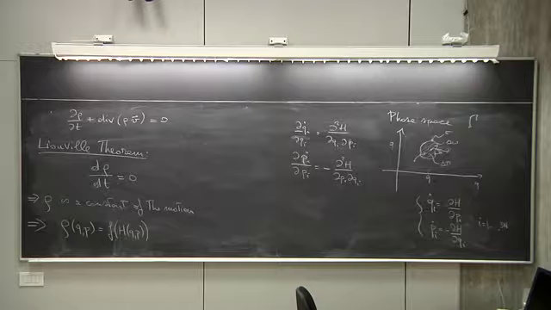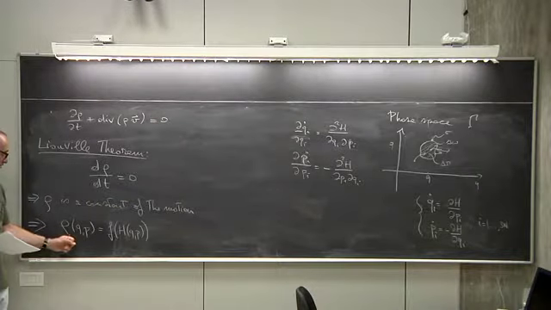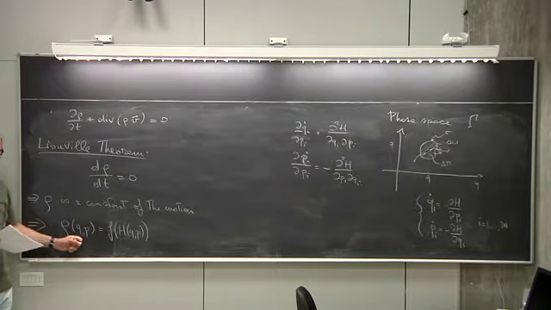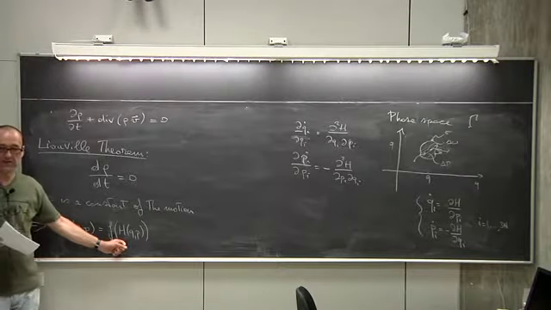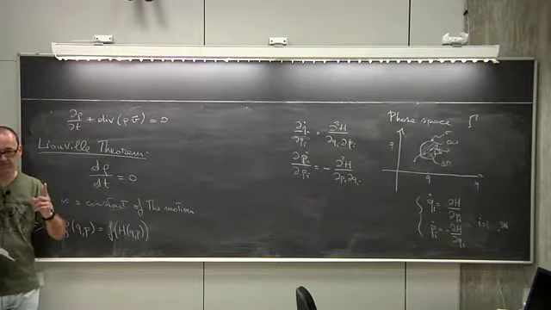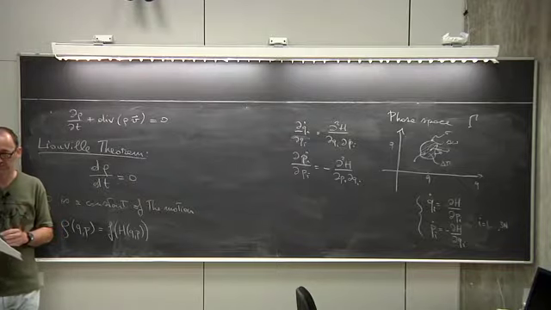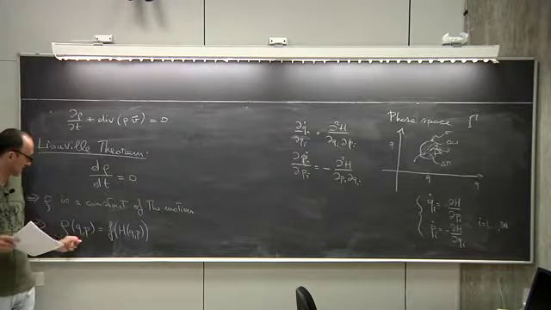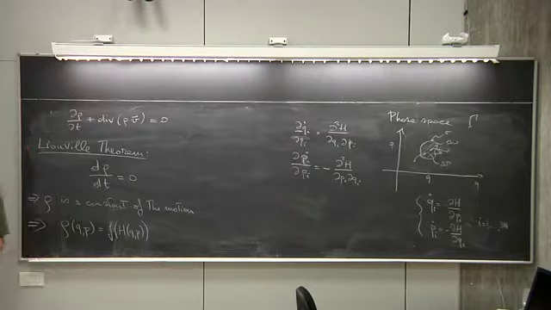This is very important because we have turned the problem of determining a function of 6n variables into the problem of just finding a function of one variable, which is how it depends on the energy. This is really a big step.